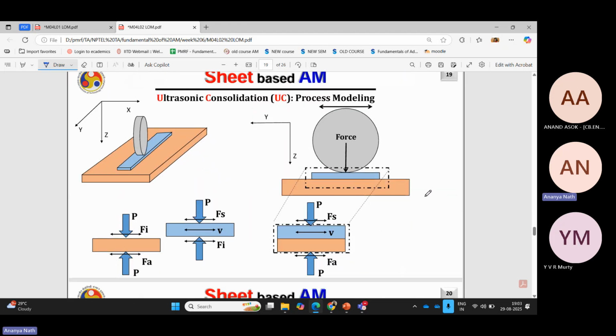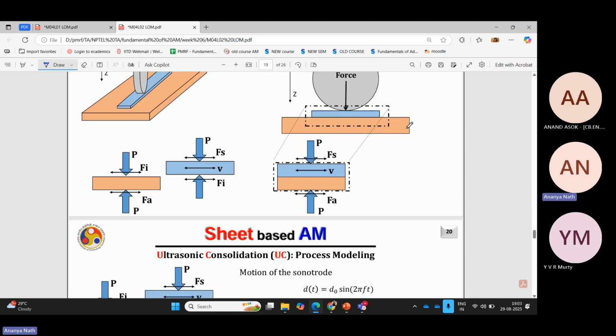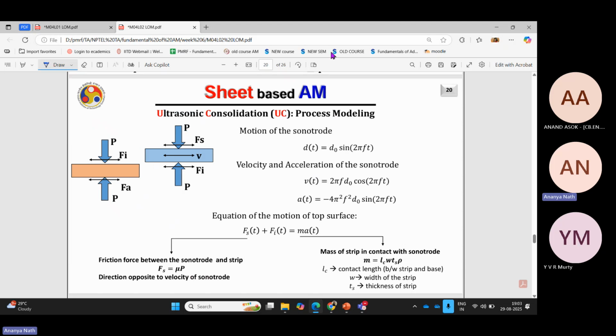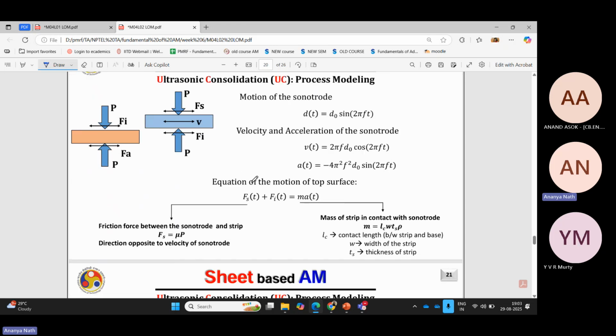Now, if you talk about the process parameters, how to optimize them, then you have to take into account the equations that we already know about ultrasonic vibration. I'm not going to dictate all the equations. These are pretty simple. You can just see, but there is no such question that came from this part of the lecture.